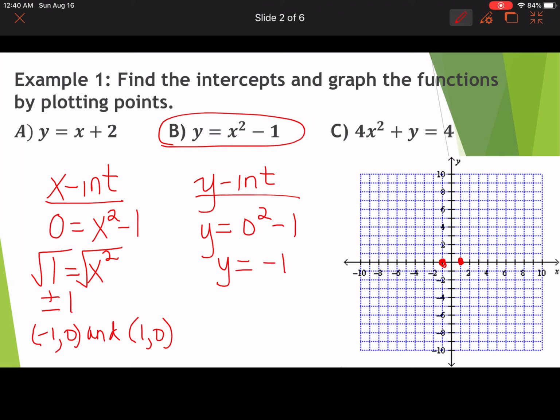When you take the square root of a number, you actually have 2 answers, positive and negative 1. So we actually have 2 x-intercepts. The first one is at -1, 0. And the second one is at +1, 0. So we're going to put down 2.